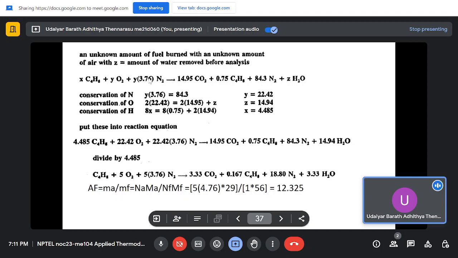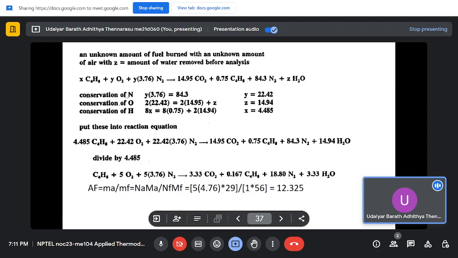This is getting combusted and we are getting 14.95% of CO2 plus 0.75% of fuel, plus 84.3% of nitrogen, and some amount of water will also be there, because this being a dry analysis, water is not given.